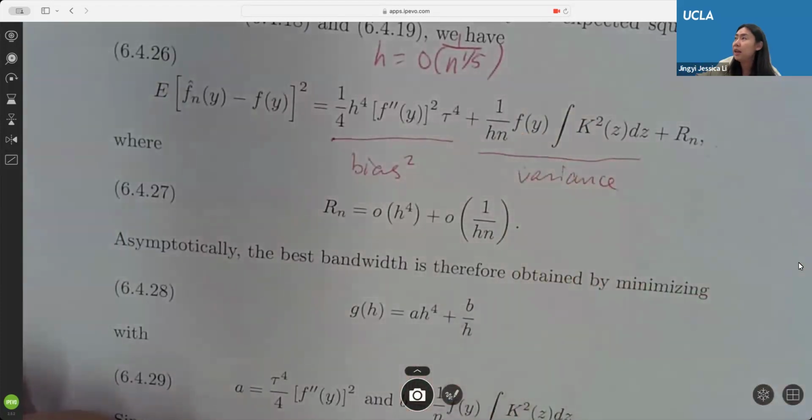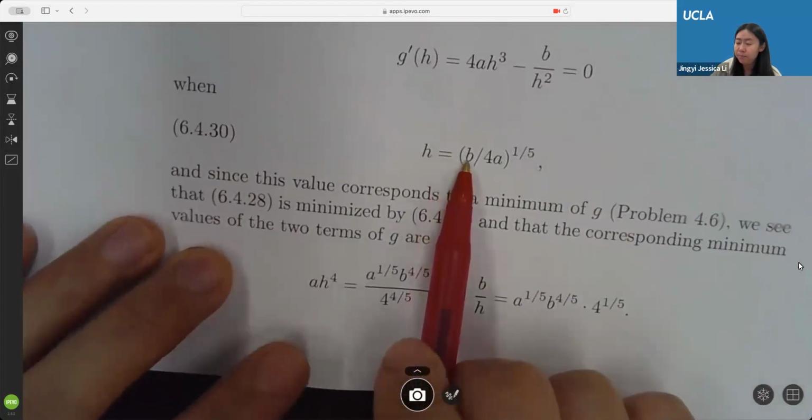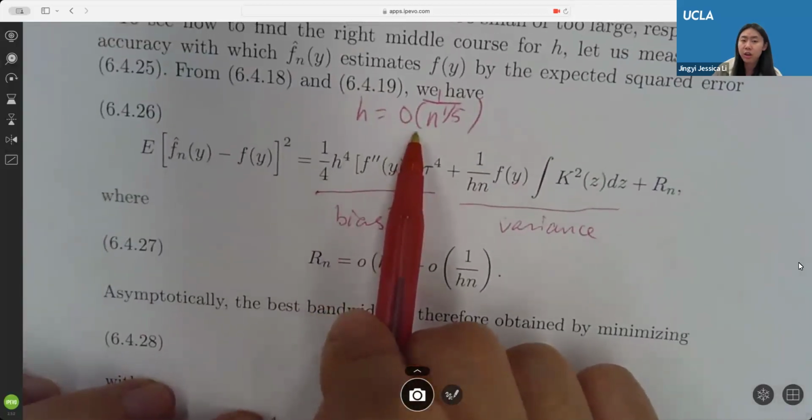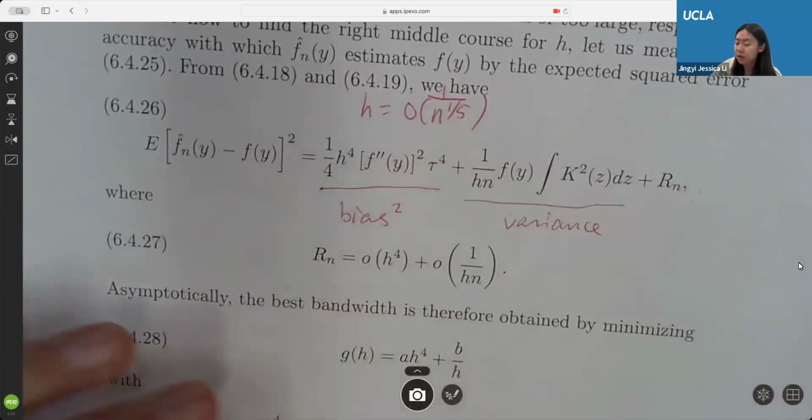And if we want to study how the optimal h depends on n, the sample size, we can put this back in. B is in the order of 1 over n. So this will tell me h is in the order of 1 over n to the 1/5.